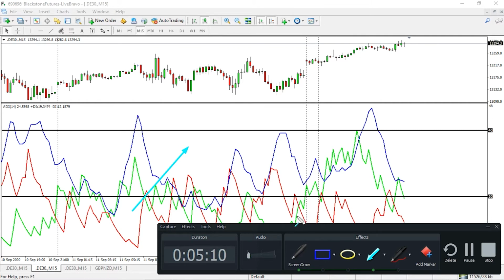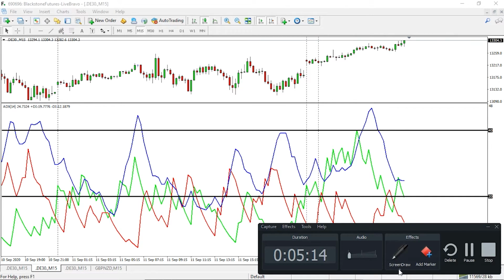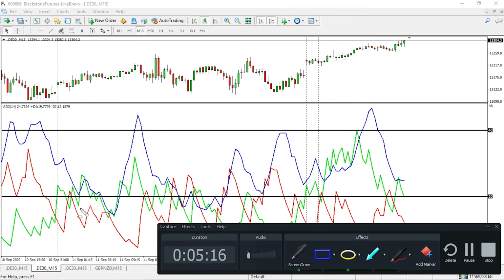As you can see here, when red crosses over green, we're looking to sell. When green crosses above red, we're looking to buy. So relatively simple. Green means go or buy, red means short or sell.